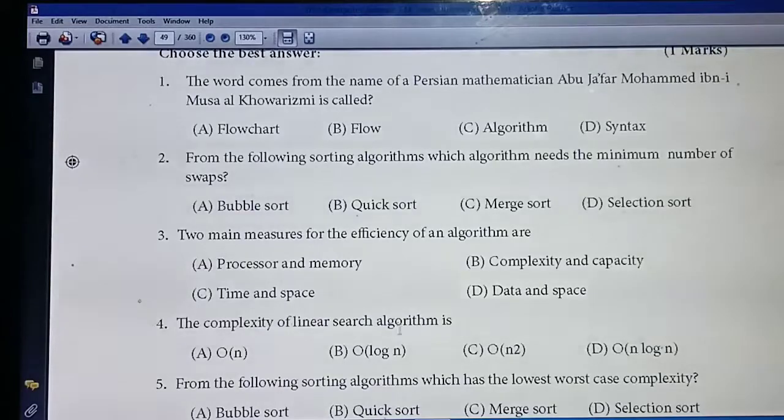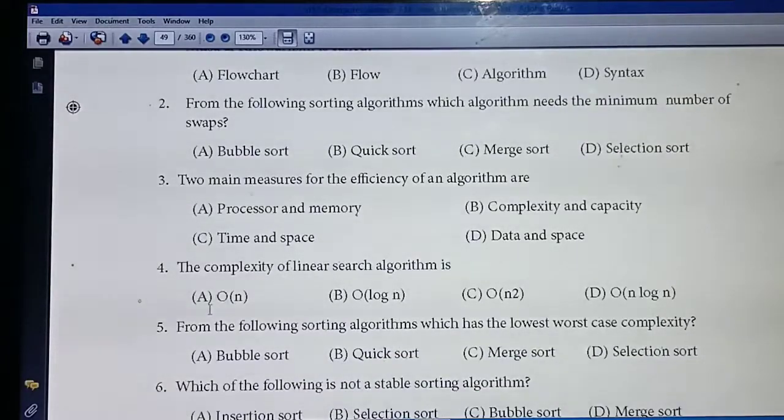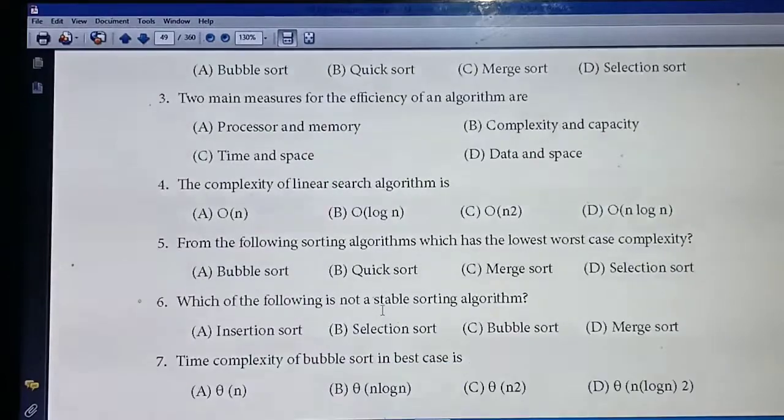Then fourth question answer is option A, O of N. Then fifth question answer is option C, merge sort.